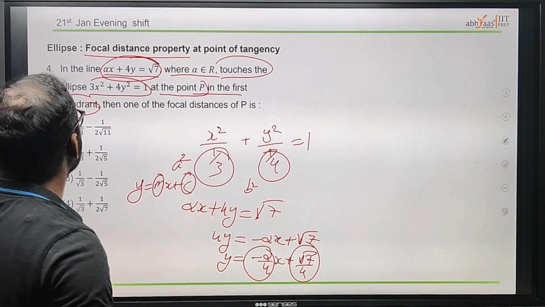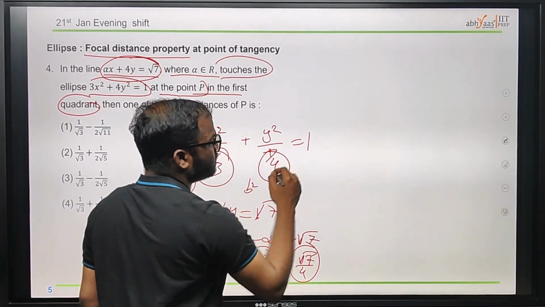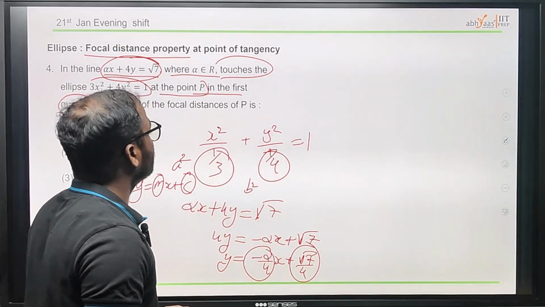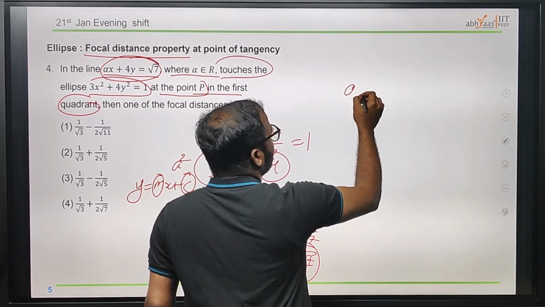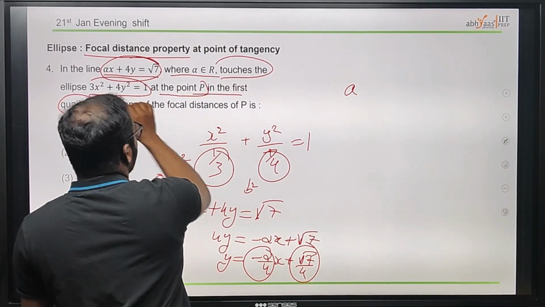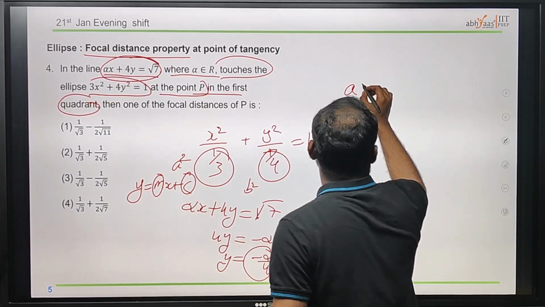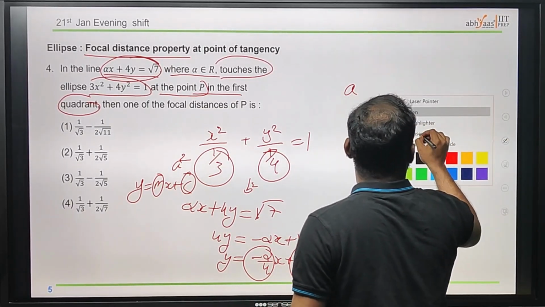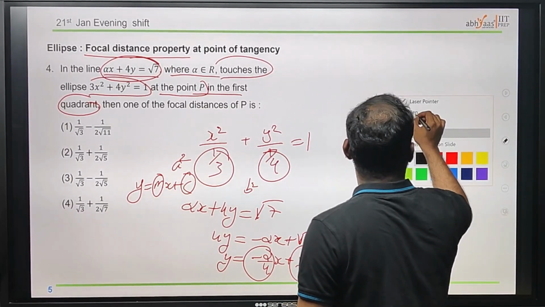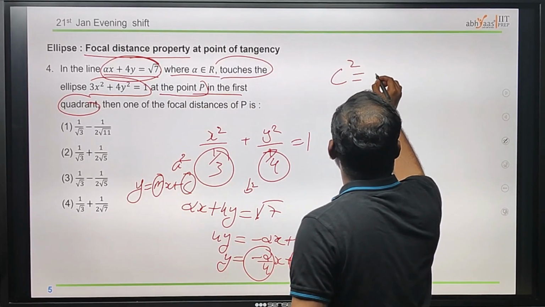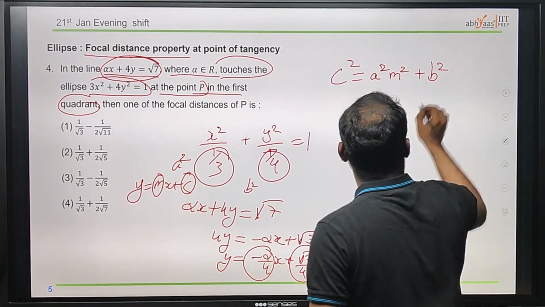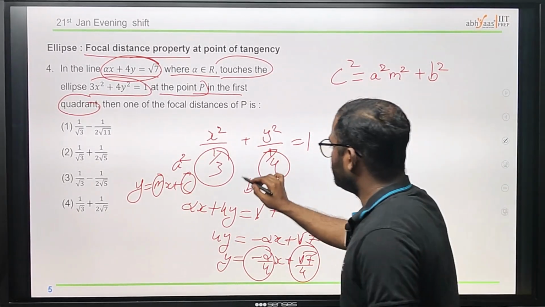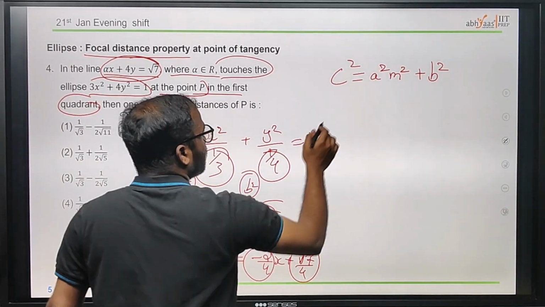Now we can substitute in the tangent condition, the equation for when a line touches the ellipse, which is c square is equal to a square m square plus b square. Substitute those values of b square, a square and c square.